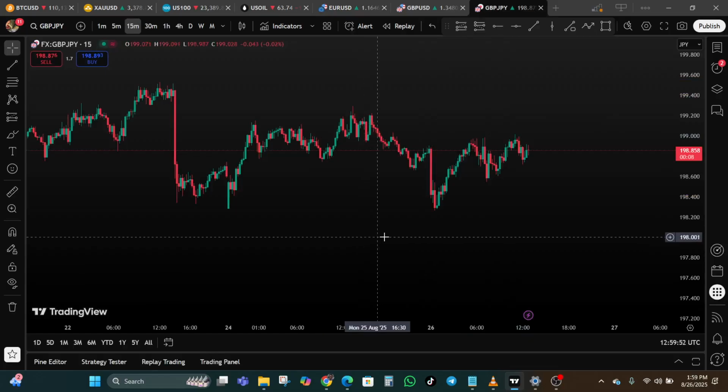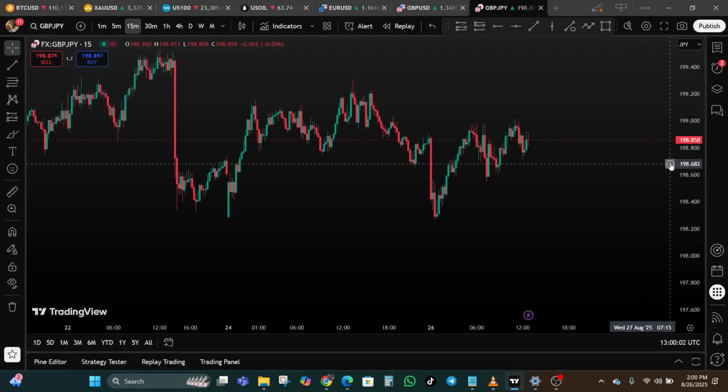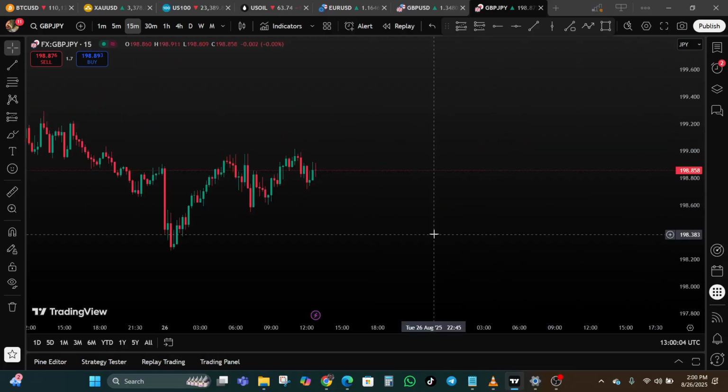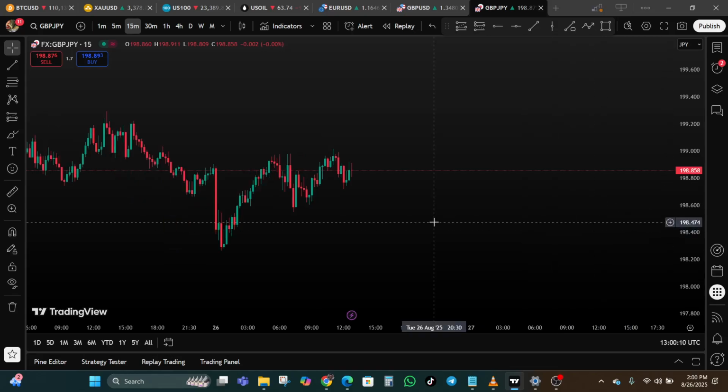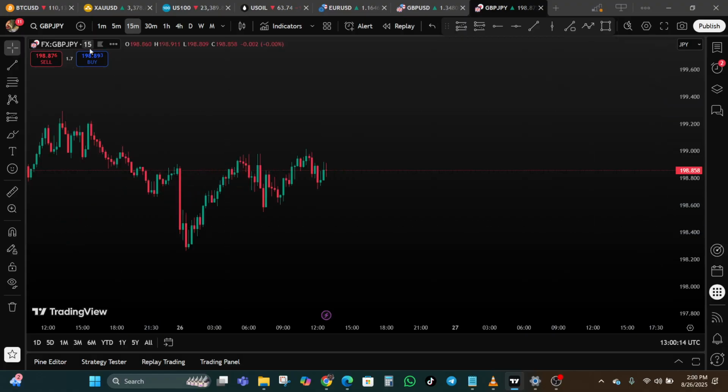When you see a price, it tells you how much of the quote currency is needed to buy 1 unit of the base currency. Let us use GBP JPY as an example. As the price is currently at 198.858, it means you need 198.858 yen, Japanese yen, to buy 1 Great British pound. Do you understand?